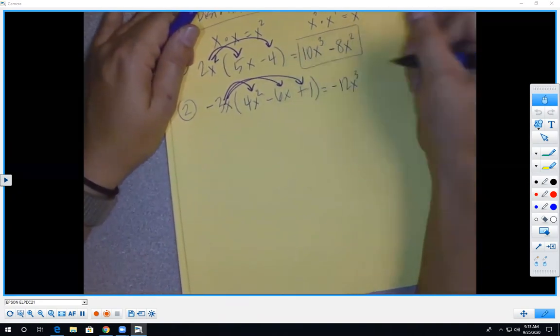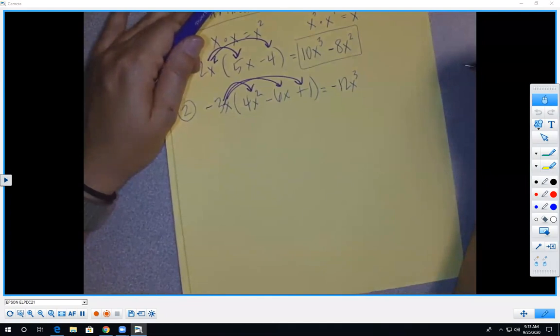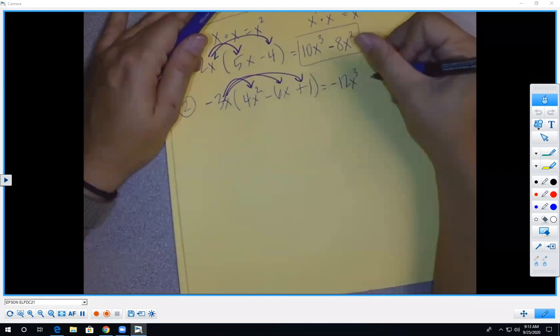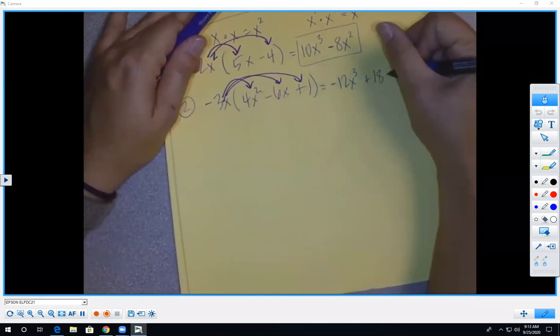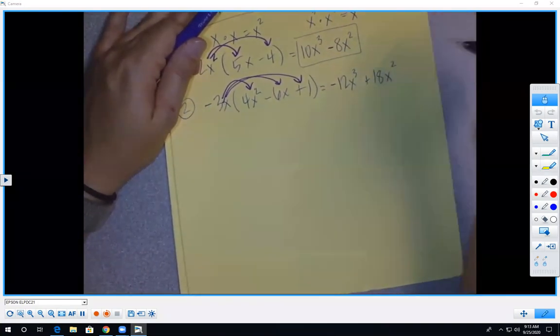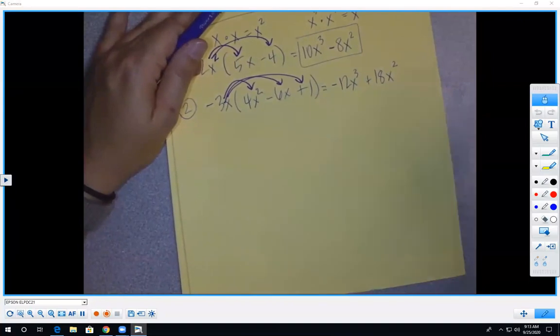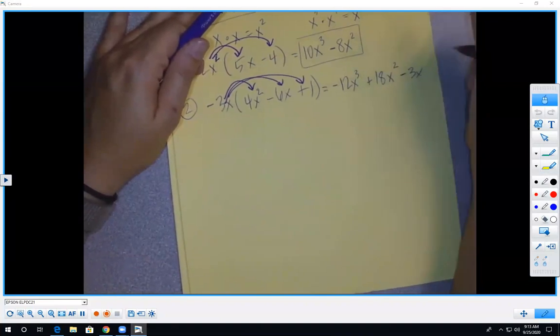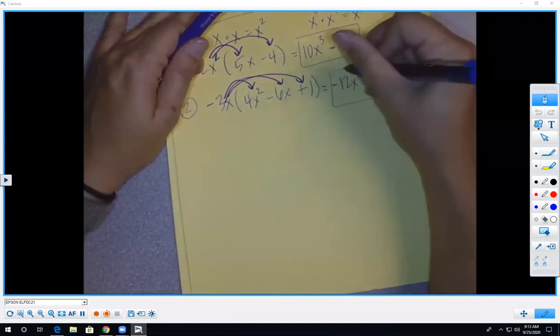Negative 12x to the third power. What's negative 3x times negative 6x? Positive 18x squared, because x times x is x squared. And negative 3x times 1 is negative 3x. And that's your answer.